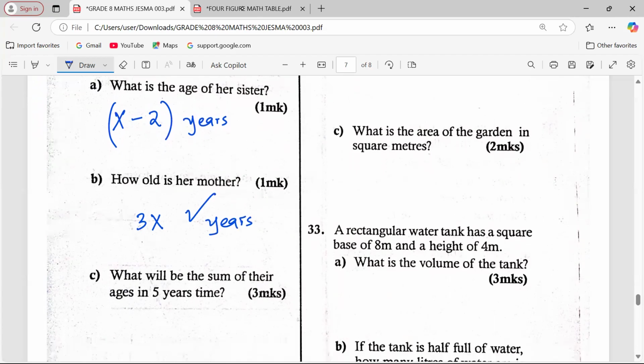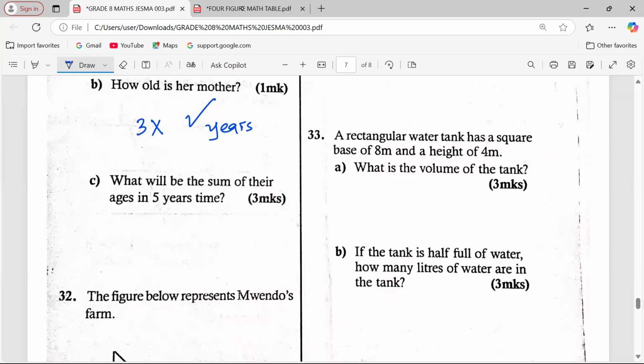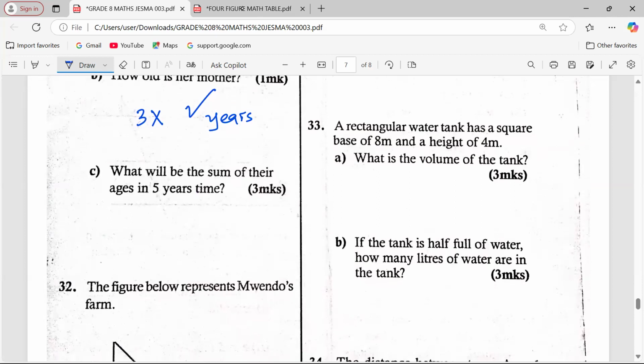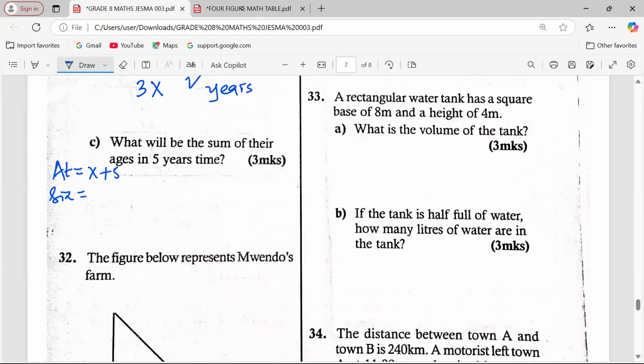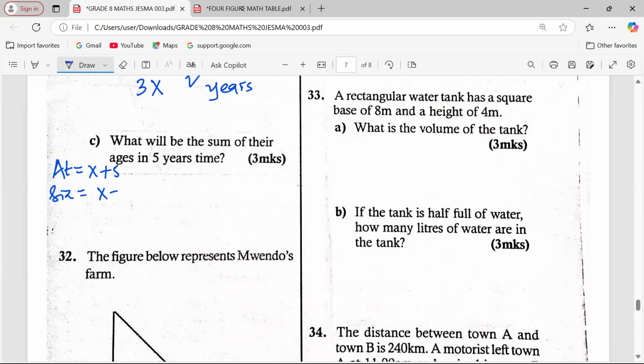In part C, what will be the sum of their ages in 5 years' time? 5 years from now, Atieno is going to be X plus 5. Then the sister is going to be X minus 2, but she will also add 5.